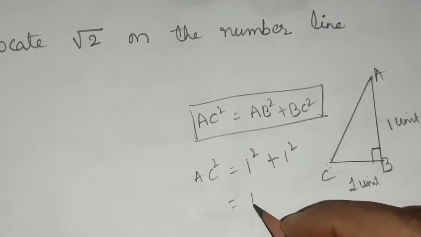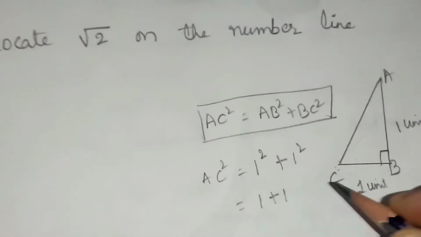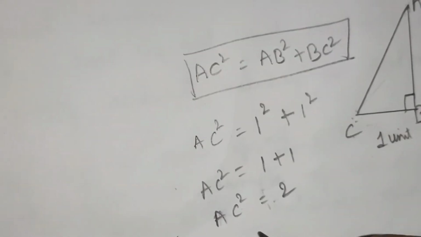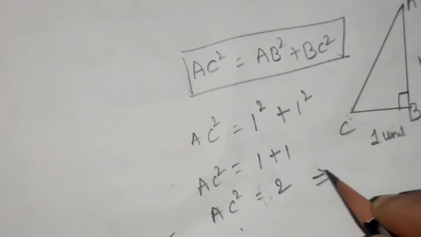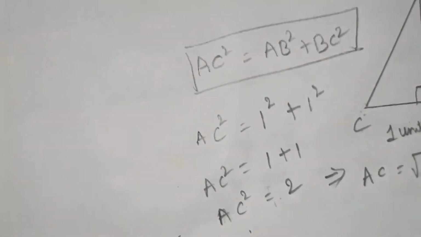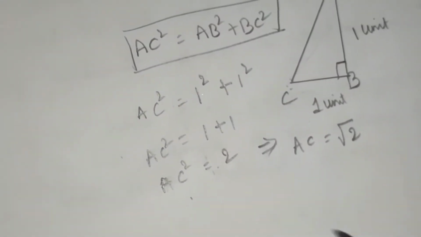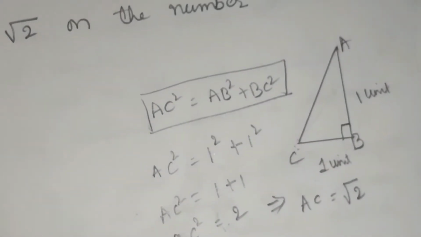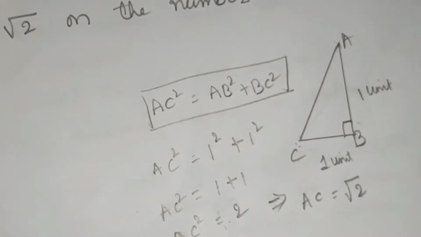Now, 1 square is 1 and 1. AC square is equal to 2, then it implies AC is equal to root 2. Now to locate root 2, you have to take BC as 1 unit and AB as 1 unit.